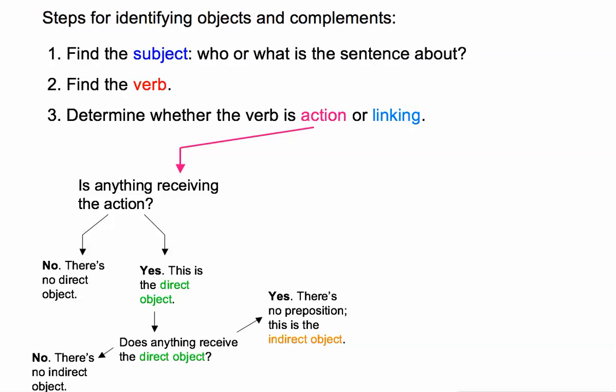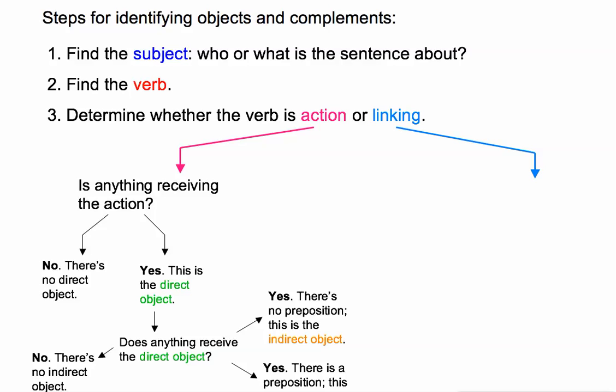Then you have the indirect object. Remember that the indirect object will come before the direct object in the sentence. The other possibility is that you do have a preposition and that this would be the object of the preposition.